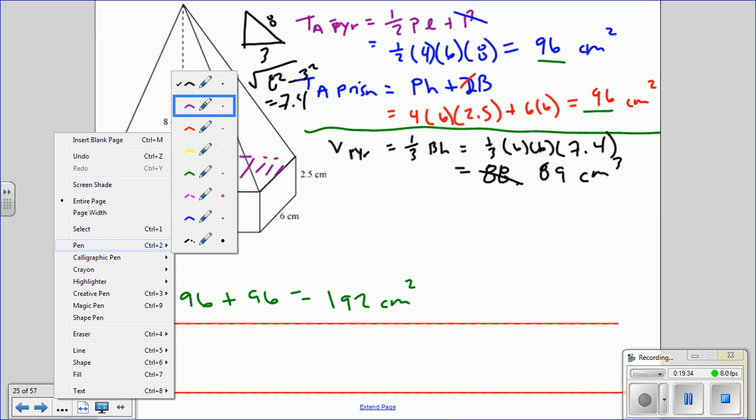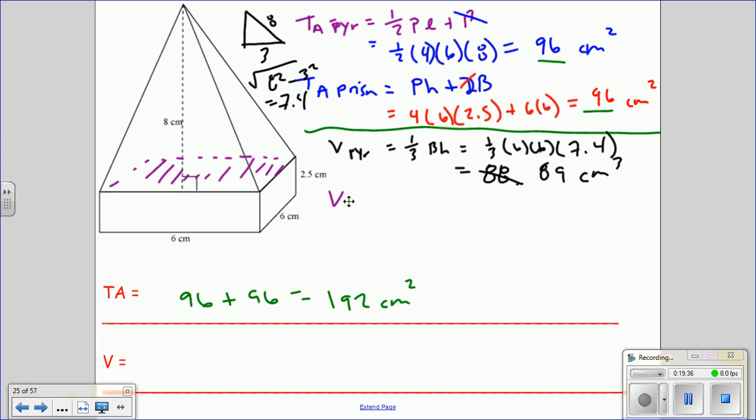Now we find the volume of the prism. Again, it's B times H. So the area of the base is 6 times 6. And then the 3D height is 2.5. So 36 times 2.5 is 90. So the volume of the prism is 90 centimeters cubed.